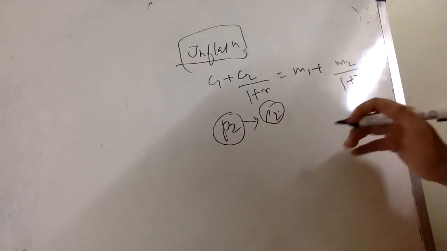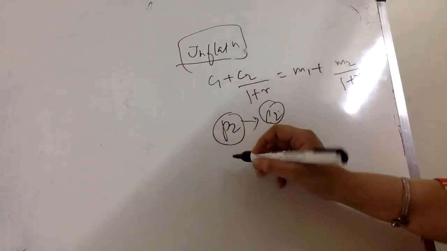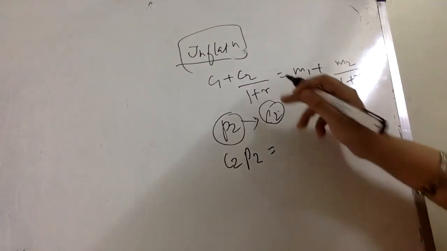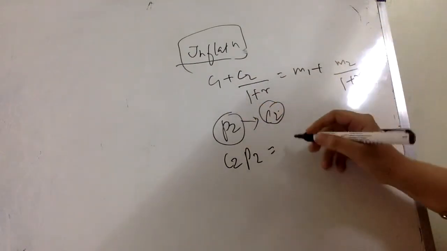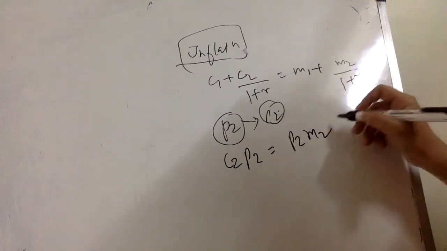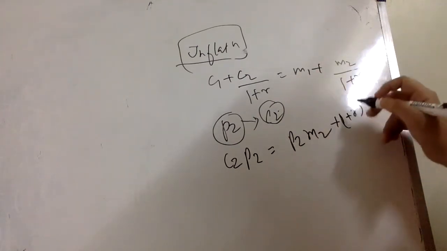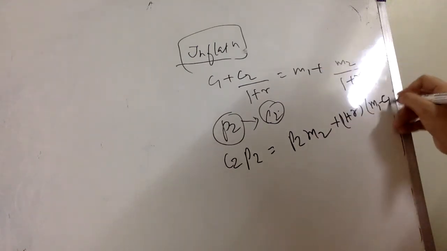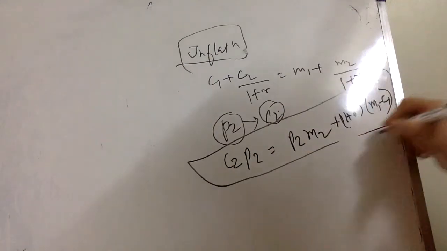So I will replace in the equation and let me rearrange it further. It becomes C2 P2 equals P2 M2 plus 1 plus R, which is cross multiplied and becomes M1 minus C1. So this is the equation I arrive at.